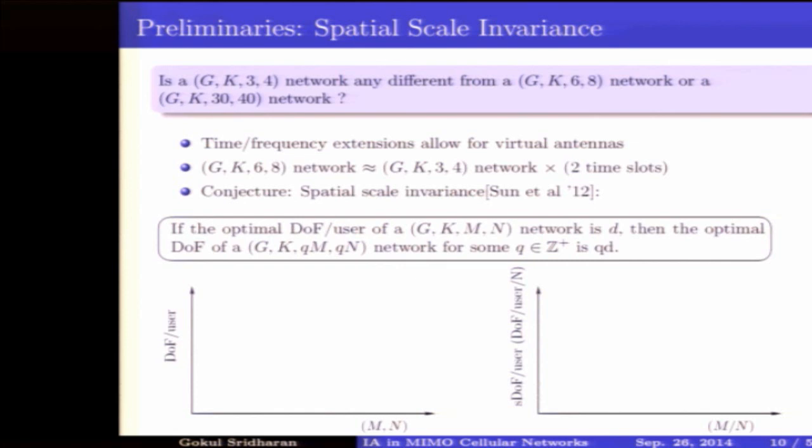What this really does is that instead of talking about degrees of freedom per user as a function of the pair (M, N) for a fixed G, K, it lets me talk about degrees of freedom per user normalized over N as a function of the ratio M over N. That's something I want you to get used to. Because it comes from spatial scale invariance, I append a small s here. So sDoF per user is what we will be talking about.